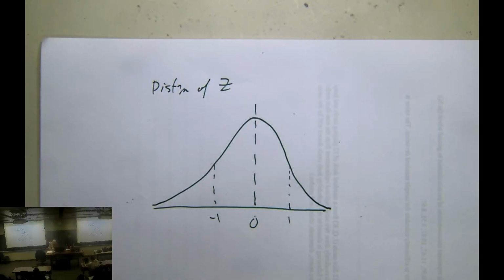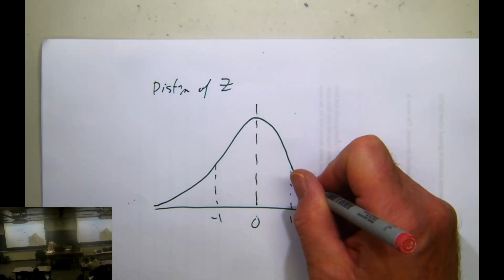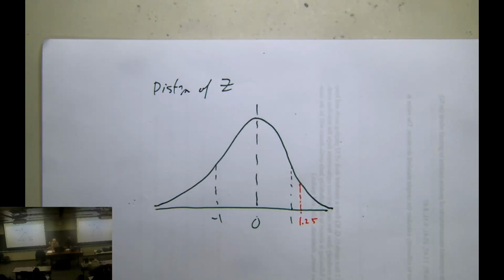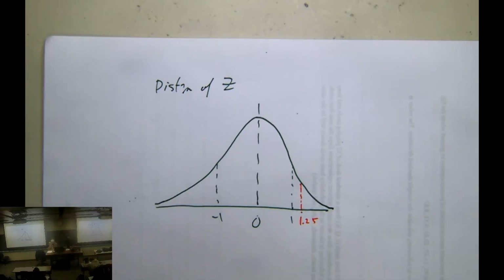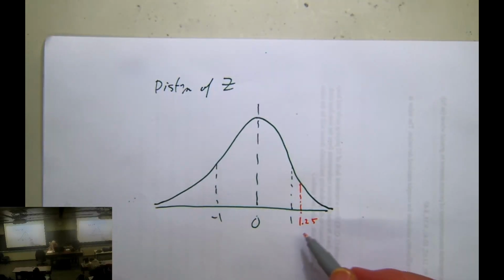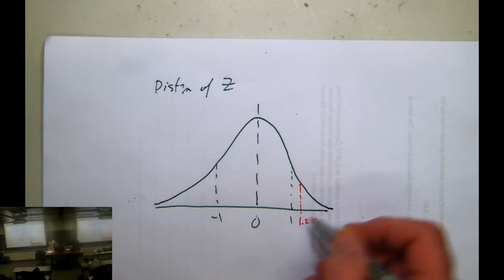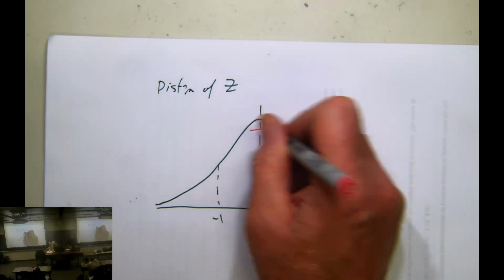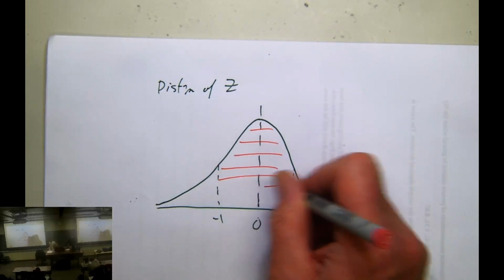And 1.25 is going to be about right here. I want to know what is the area under the curve below the z of 1.25. So what is all this area here?